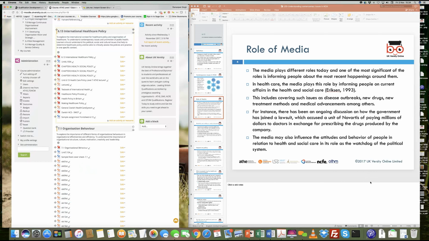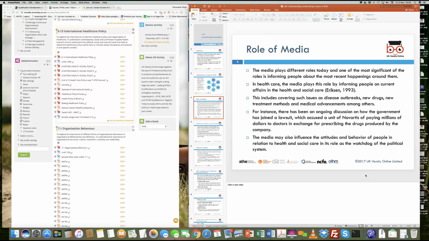They also have an important role in influencing the attitudes and behavior of people in context to the health and social care sector, the role of the NHS and the services it provides within the system.